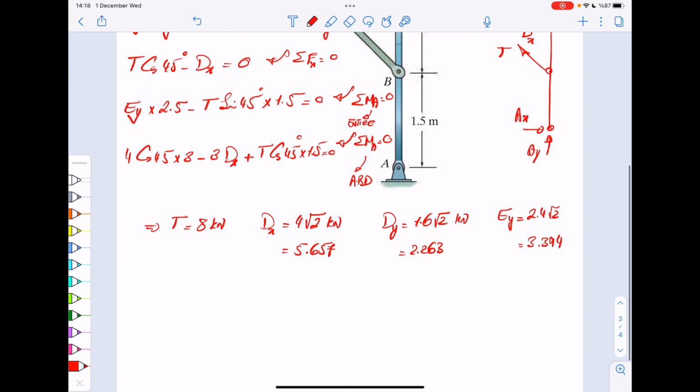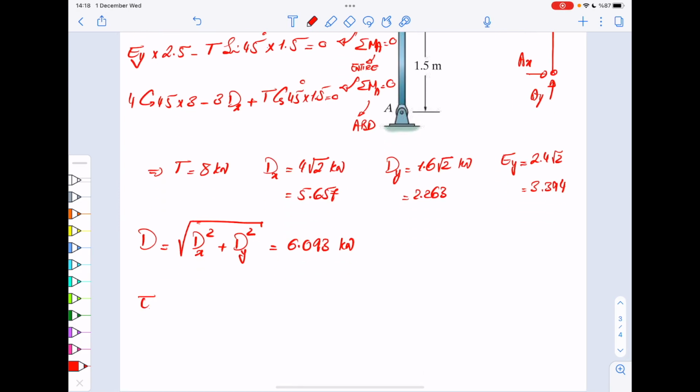So you have these. Now, we want to calculate the shear stresses in pins D and C. In pin D, the total force of the pin would be square root of dx squared plus dy squared. Okay, that gives you 6.093 kilonewton.